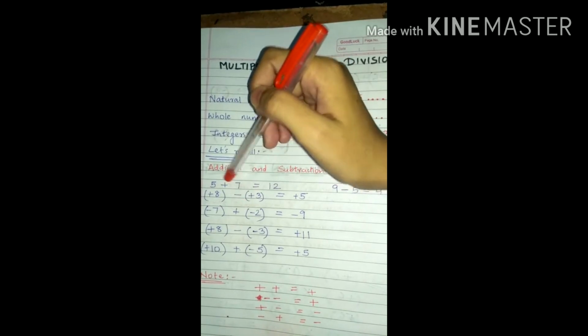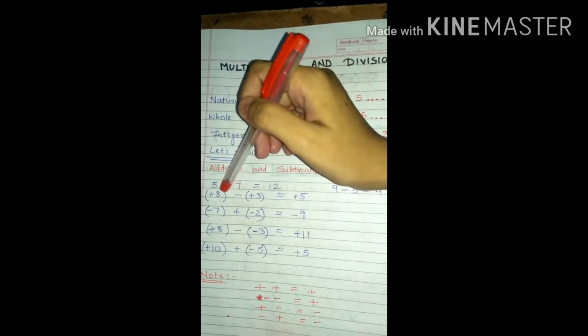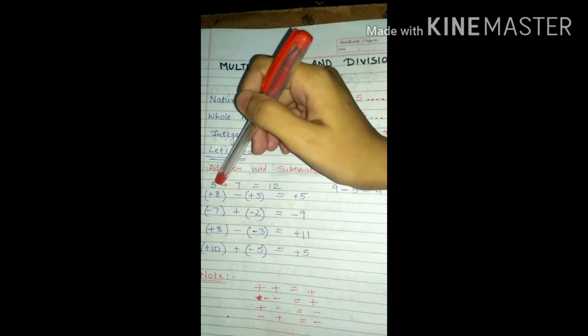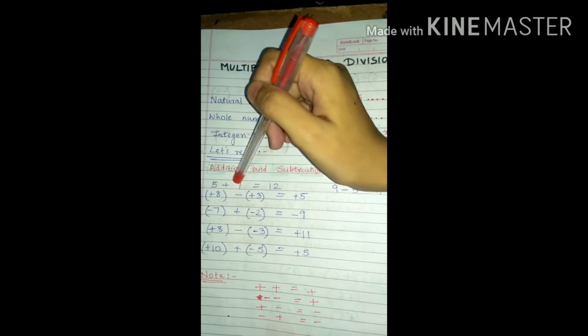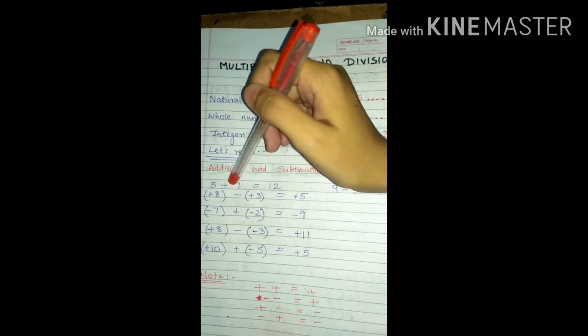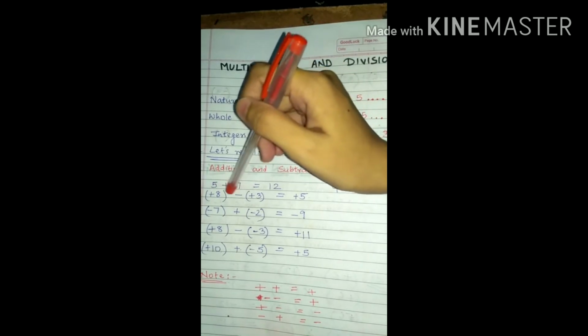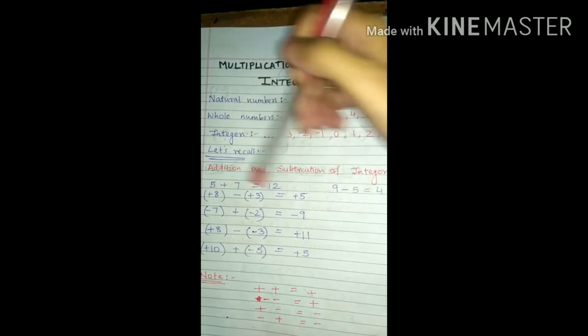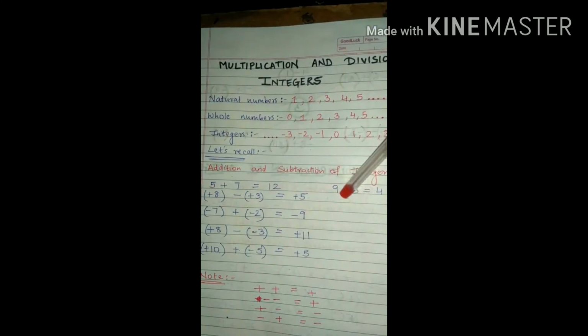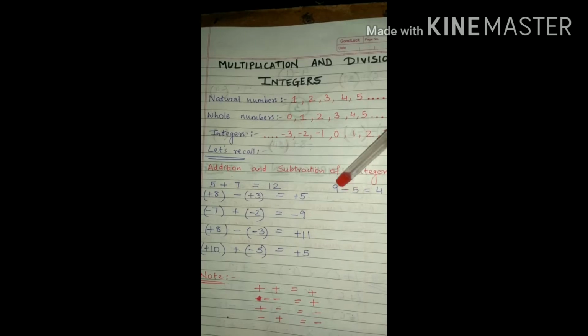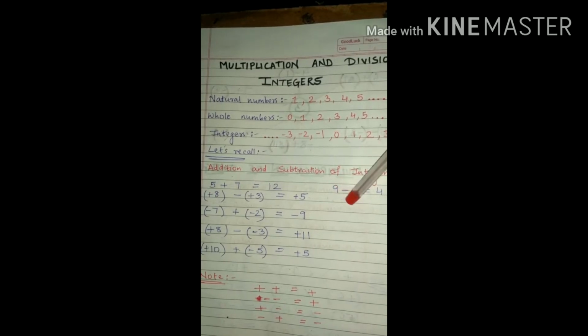For example, in 5 plus 7, only one plus is given, so you do addition. Like that, if only a minus sign is given, these two numbers need to be subtracted.